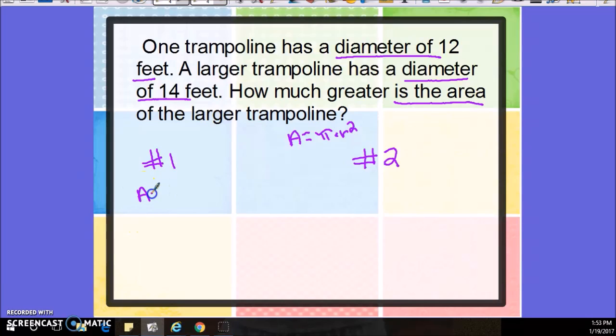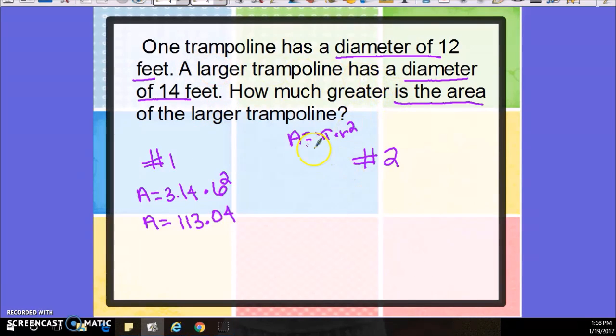So the area is going to be equal to pi, so we're going to use 3.14 for pi, times 6 squared. So what is that going to give us? 113.04. That's the area of the first one.